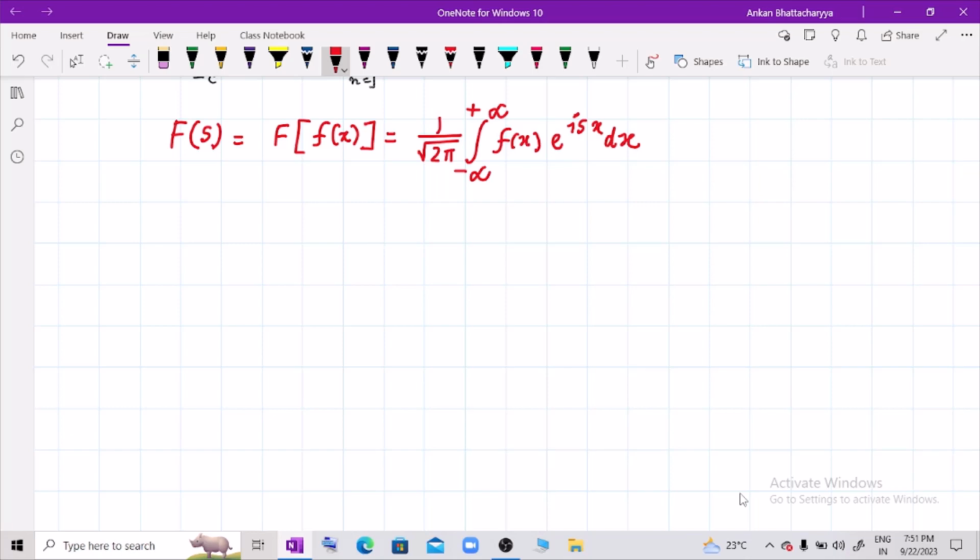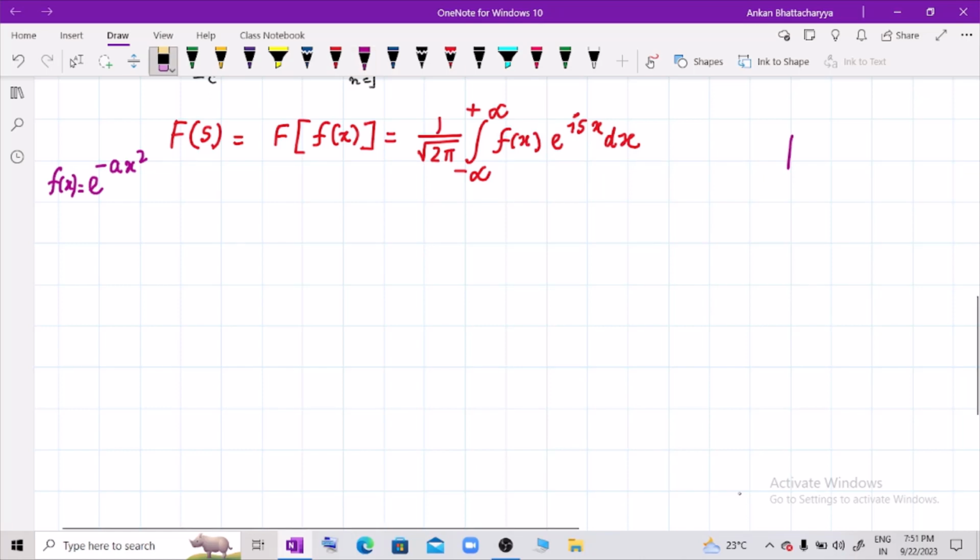Now I can show you one beautiful, interesting function. Suppose you have to find the Fourier transform of e to the power minus ax square. Suppose this is your given function, and you have to find out the Fourier transformation of this function.